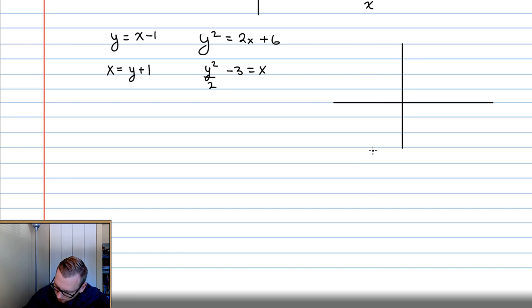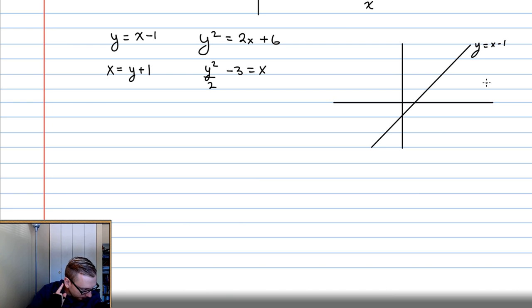And it would be 45 degrees. Since there's no change in slope, I'm going to try. Not bad. Okay. We'll say that's y equals x minus 1, or x equals y plus 1.